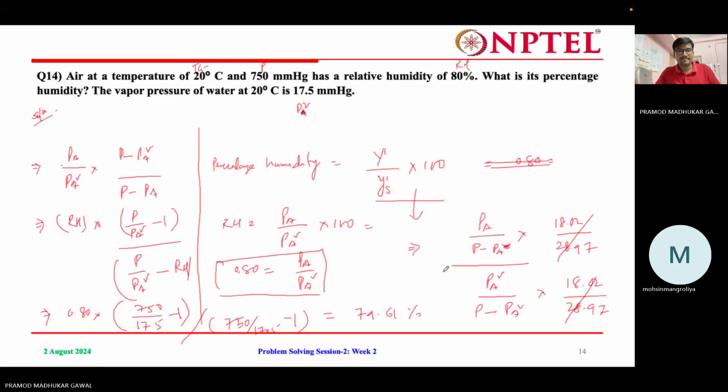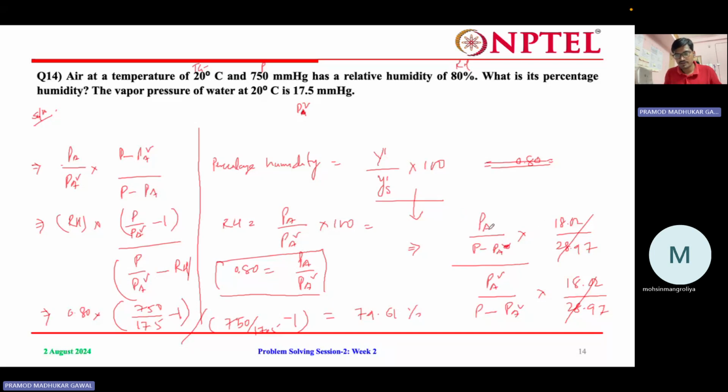Yes, sir. Right? So here initially the percentage humidity formula is absolute humidity divided by humidity at saturation condition into hundreds. So here relative humidity is given. So relative humidity is the partial pressure divided by vapor pressure into hundreds. So here it is 0.8. So write down in terms of mass ratio units.